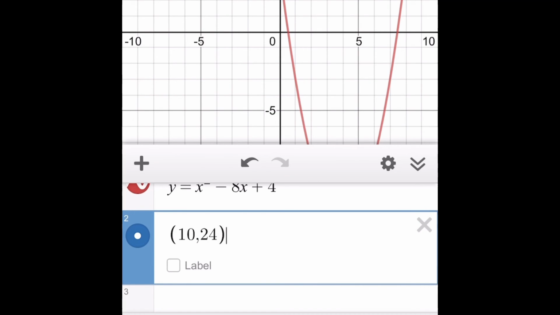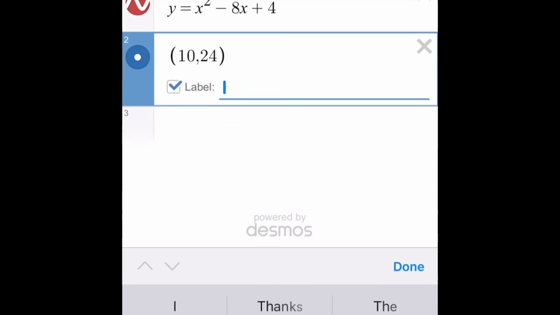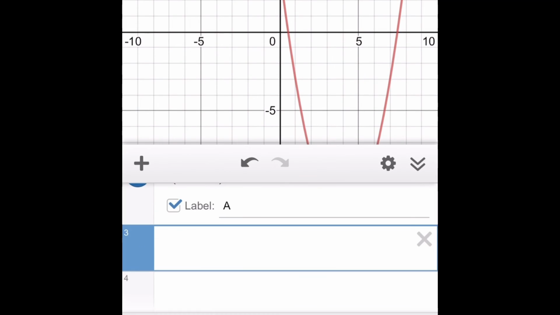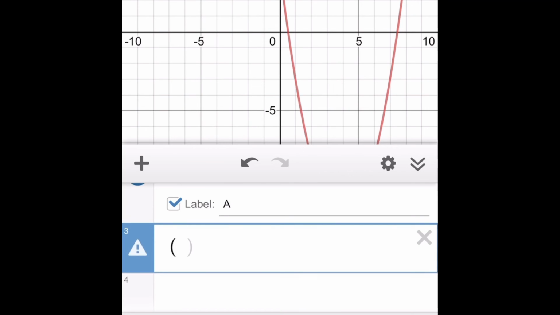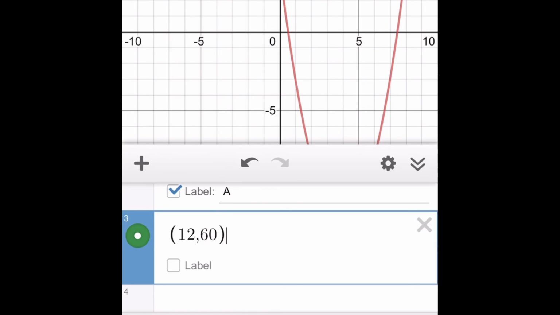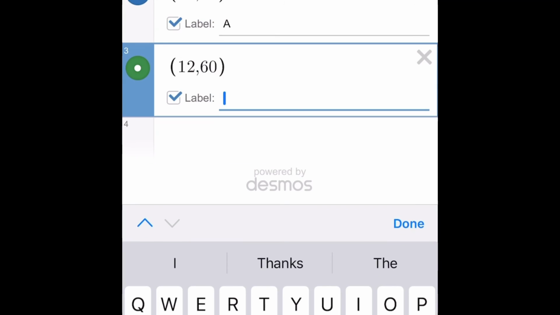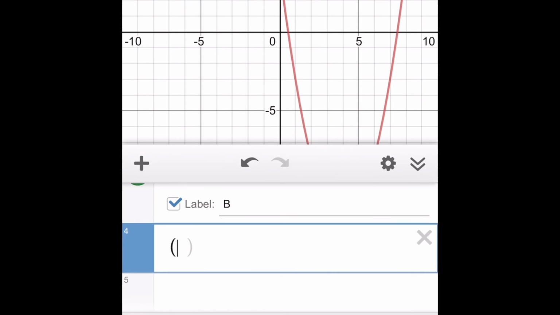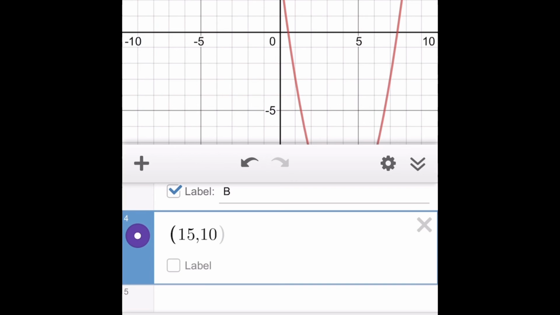Okay, we go ahead and label it. That's option A. Okay, then we're going to do our new point, and that was (12, 60), and we can label that answer choice B. And then our third one it gave us was (15, 109), and that was answer choice C, okay?